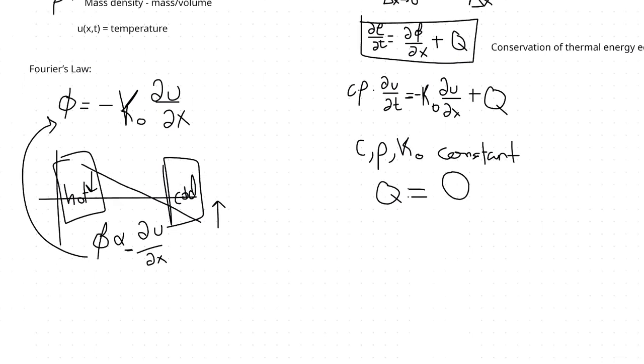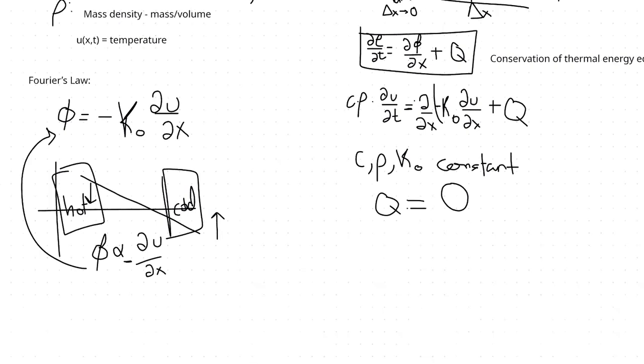Or sorry, wait one second. I made a mistake. My bad. So it's the partial derivative with respect to x of minus k naught times partial u over partial x, because this is the flux.